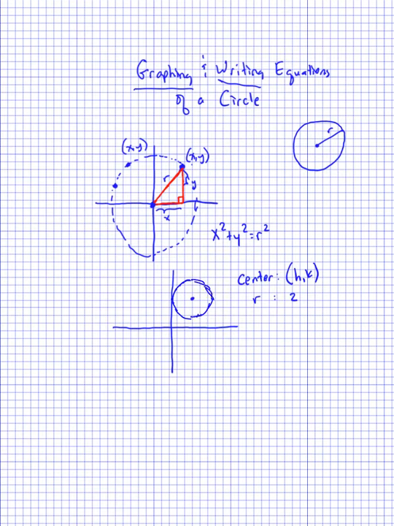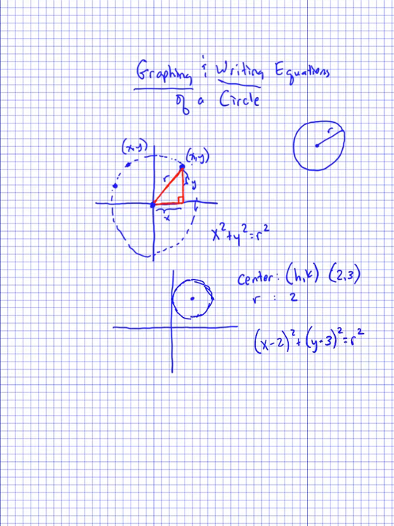And in this case, my center in this example was 2, 3. Since we moved it over to the right 2 and up 3, we have an adjustment to make, which is to say we've shifted it, so we go (x minus 2) squared plus (y minus 3) squared still equals r squared.